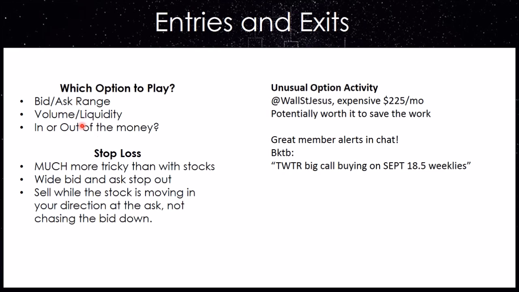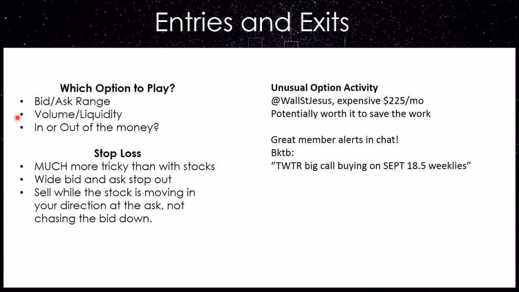So we've already discussed that I like playing one or two in the money. If you're going for a home run, if you're wanting to be really risky, a lot of people say lotto plays, which means they're assuming they're going to lose that money, but if they hit it, they're going to hit it big. And that's going further out of the money. So let's say Apple's trading at $100 and it's Thursday, and I'm playing weekly options that expire in one day.